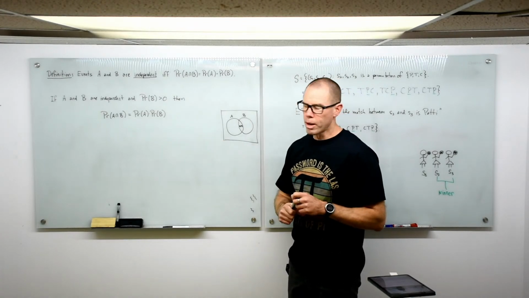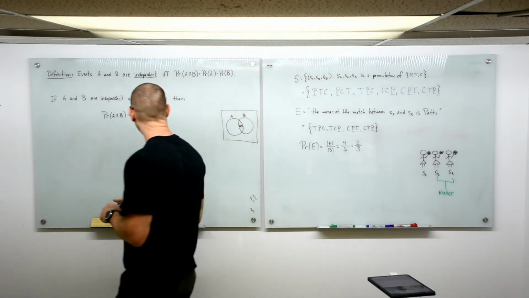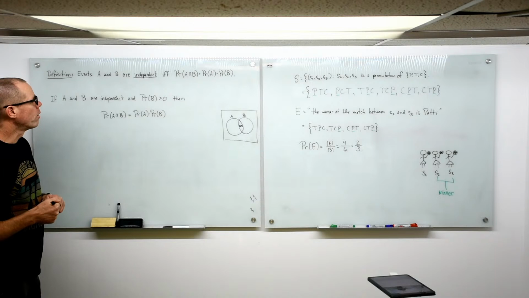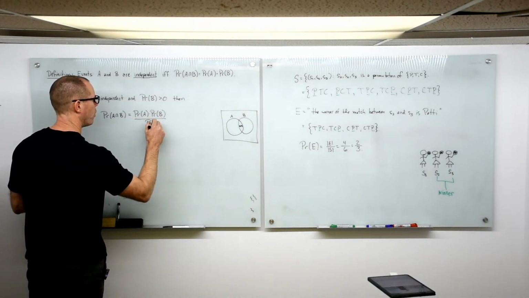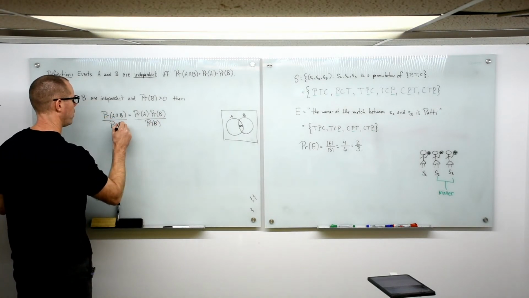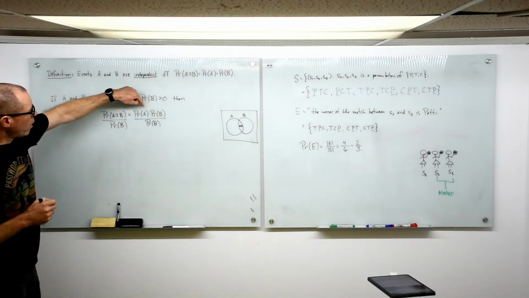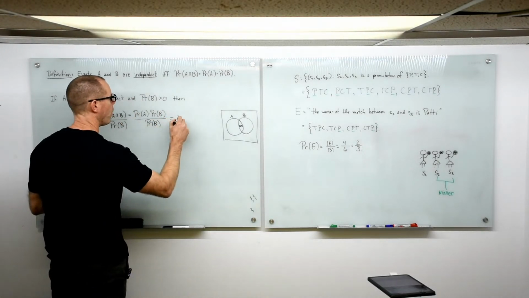We don't need the probability of B to be bigger than 0. But if the probability of B is bigger than 0, then we can divide by the probability of B on both sides. So on this side, the probability of B cancels out.